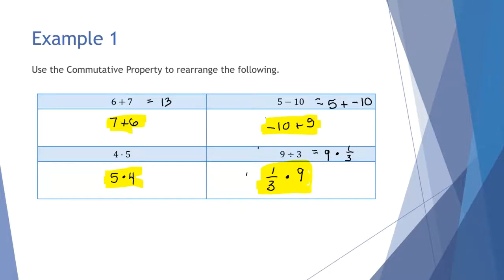So we're just rearranging which one comes first. But if you have subtraction or division, you have to rewrite it before you can rearrange. Are there any questions on these 4 examples?